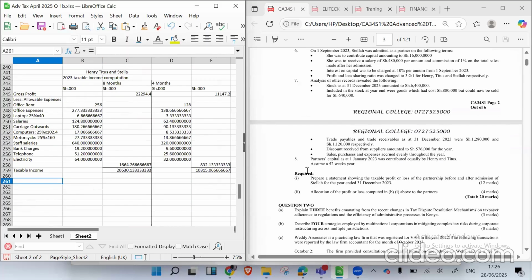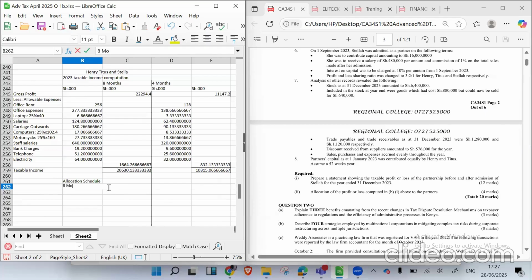So after getting the 12 marks, can we get the 4 marks? Yes. So you can have the allocation schedule. Did you do a question on allocation schedule, partnership? I don't think tulifanya hiyo.